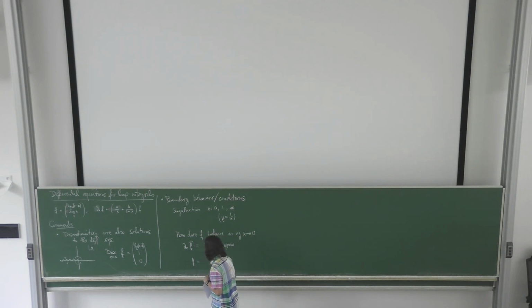So we can write f is, what is it? It's actually x to the a times some f0. You can check if you differentiate that, that actually solves this equation.